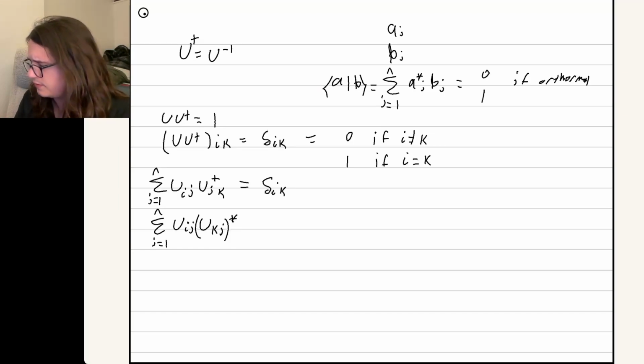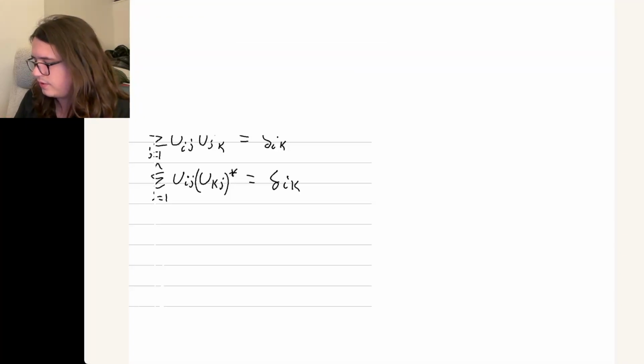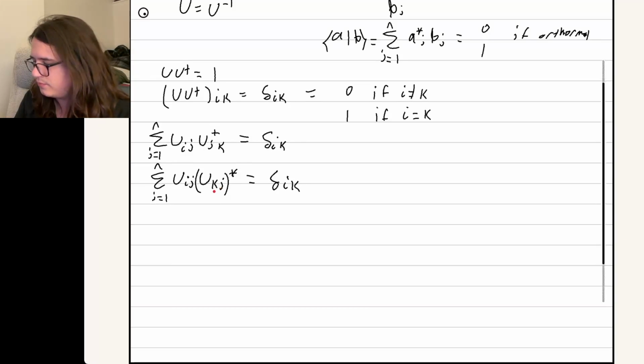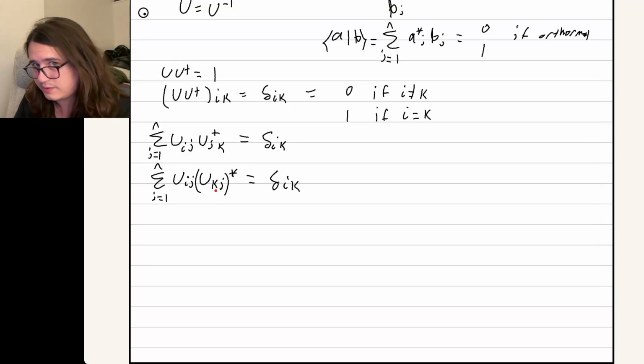And this is really interesting now. So it looks like we have a complex vector being indexed j, like here, and we've got a vector here that is also being indexed j, and we have on the right hand side a 0 and a 1. So that's awesome.